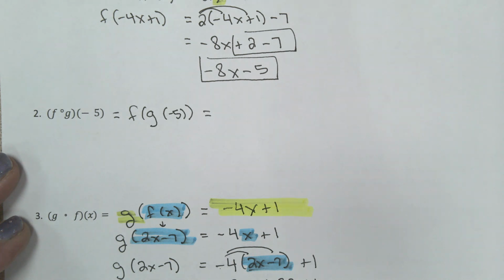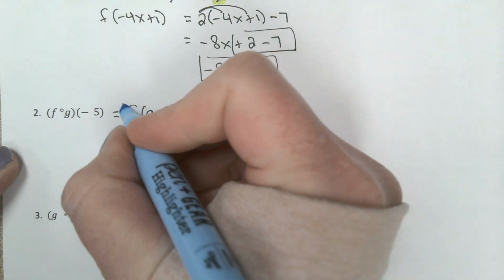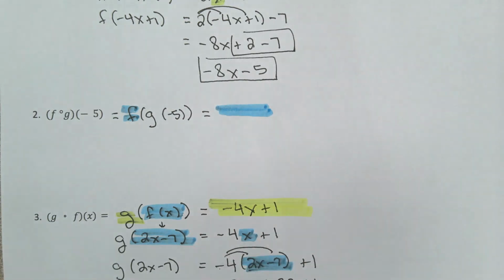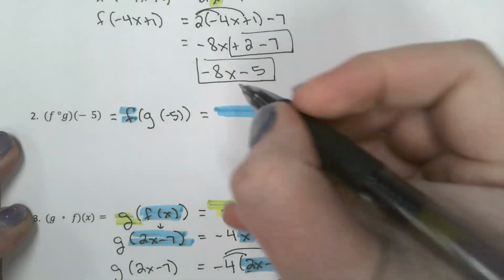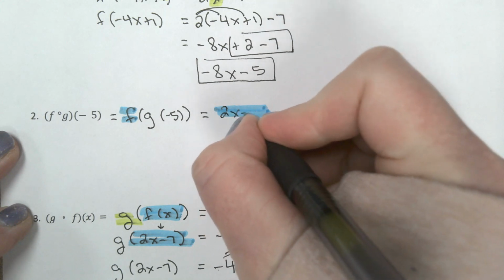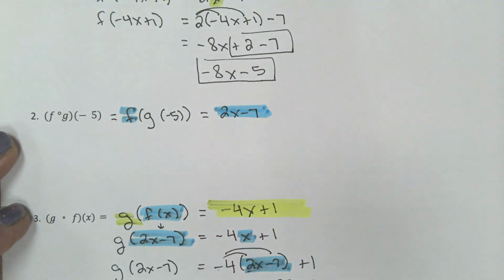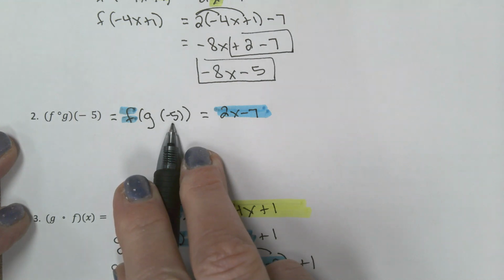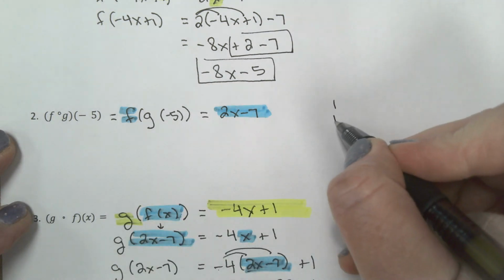The first thing I notice is your f is blue. Once again, whatever letter comes first, that is your main function. So my main function is 2x minus 7. So I have to figure out what g of negative 5 is.